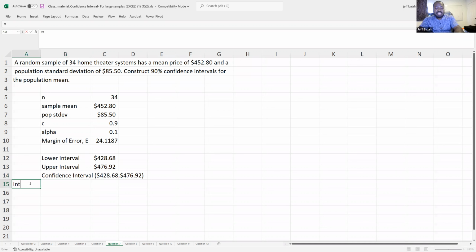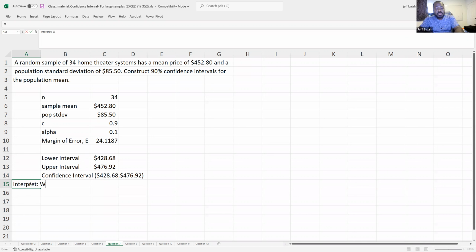But remember, in statistics, we always want you to interpret your results, because you might be in a scenario where the people you work for, your higher ups, may not understand statistics. And so your goal is, how do I explain this in such a way that they can get some understanding of what I just did?